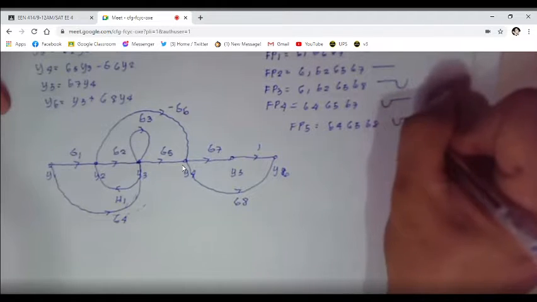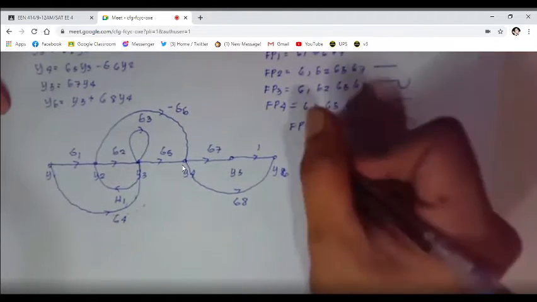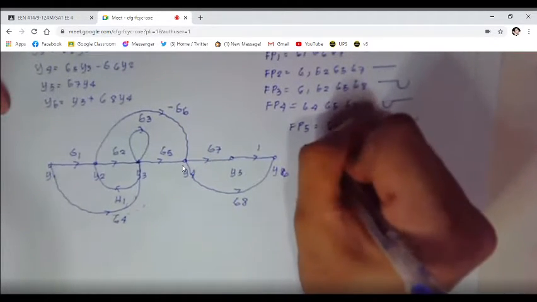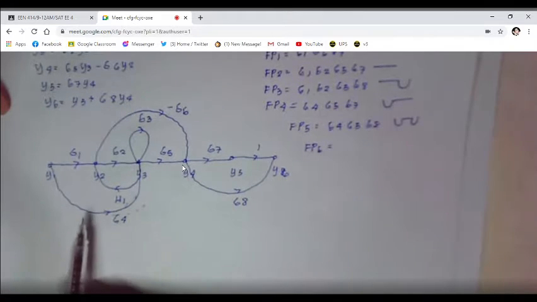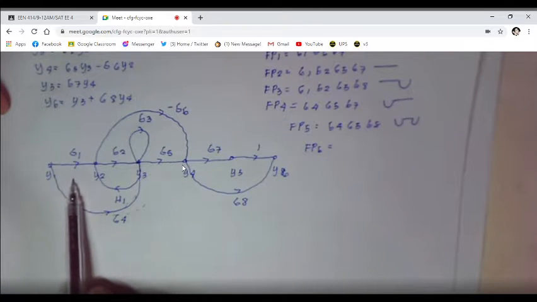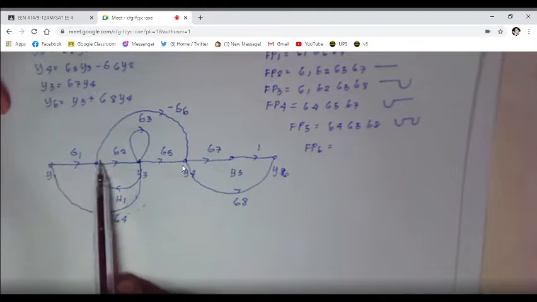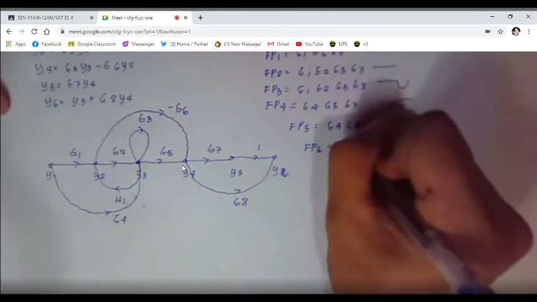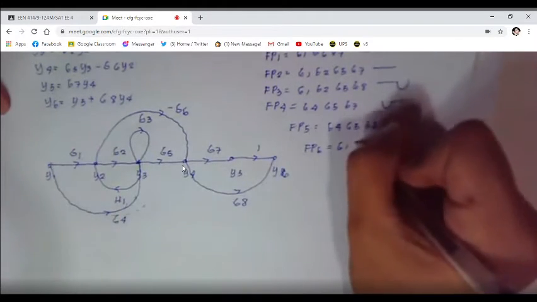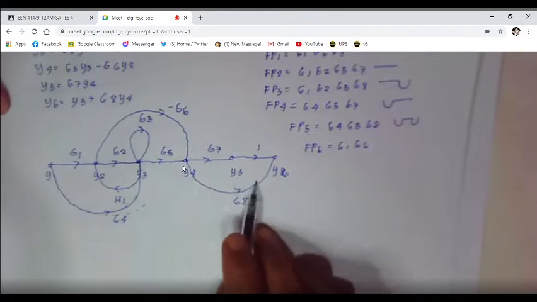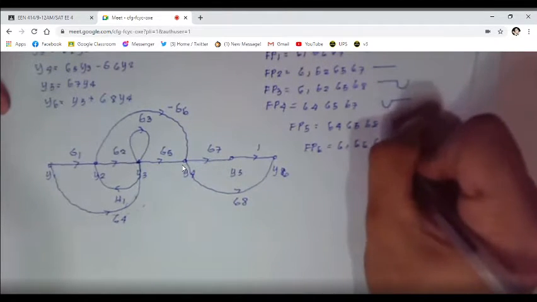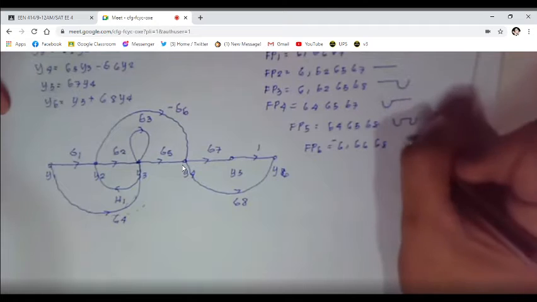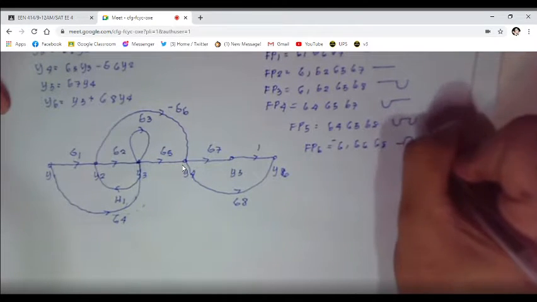Yan. Forward path 6. Paano kaya? Ito, no? So, G1, G6, and G8. Negative. Okay? So, parang ito, ganun, saka ganyan.